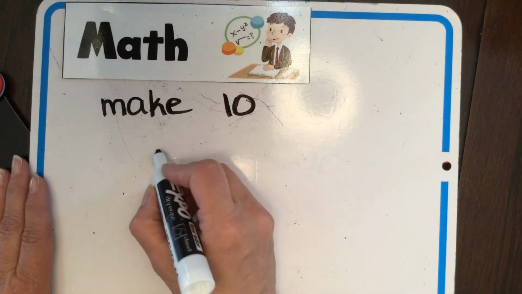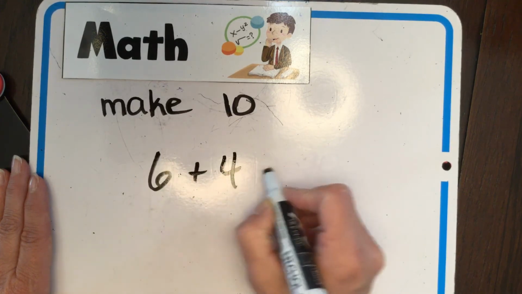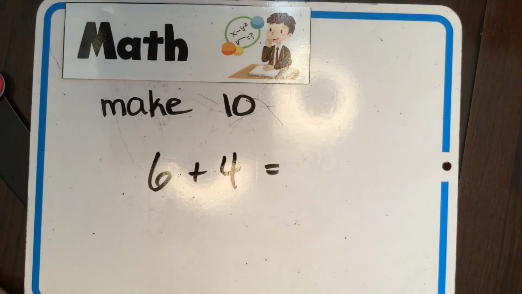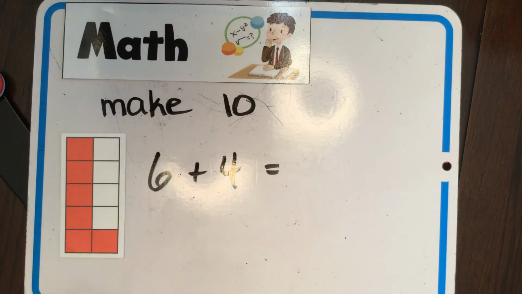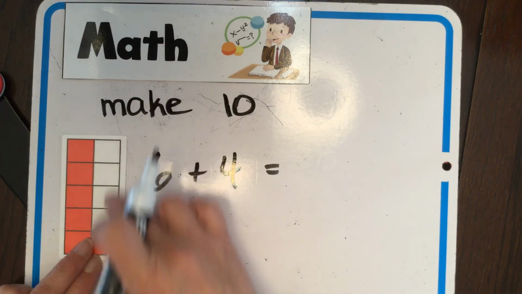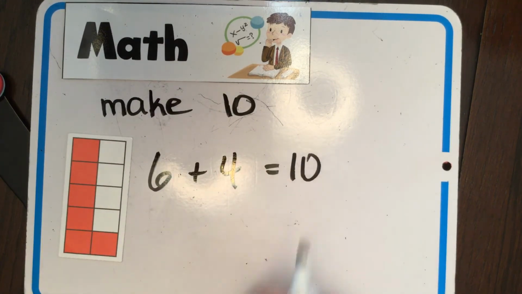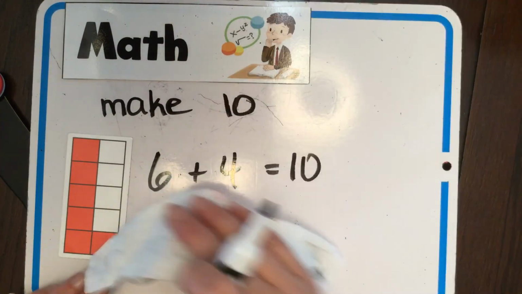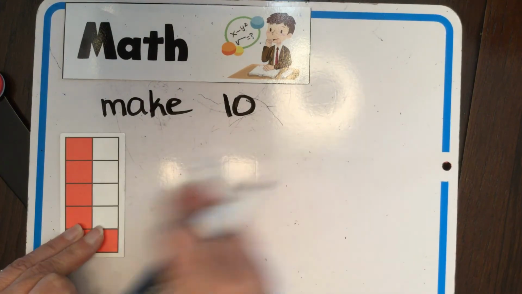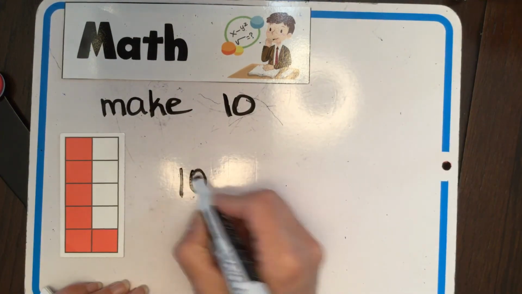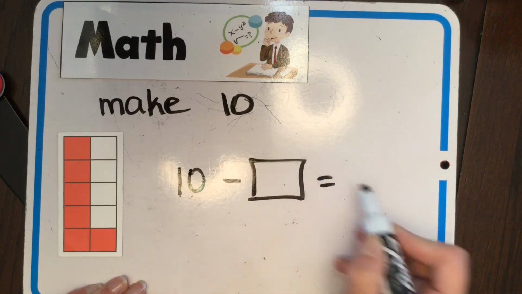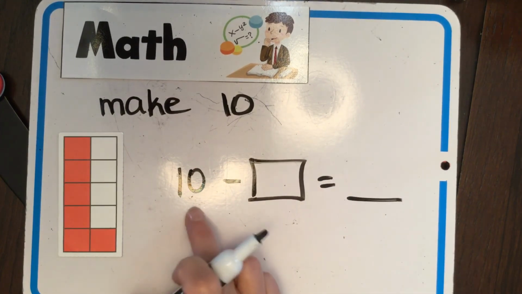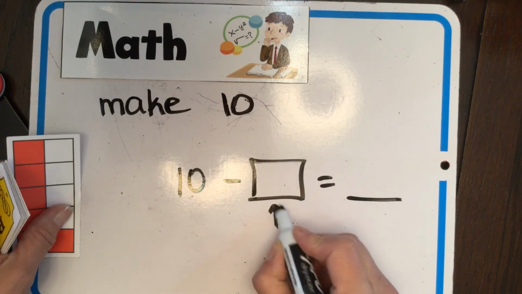If I had the question 6 plus 4, then I could imagine what a 6 frame looks like, and I have one right here. This picture might pop into my head. I have 4 empties, so I know it equals 10. If I have the subtraction question, anytime I have the question 10 minus something equals an answer, I can imagine what the 10 frame looks like for this number.